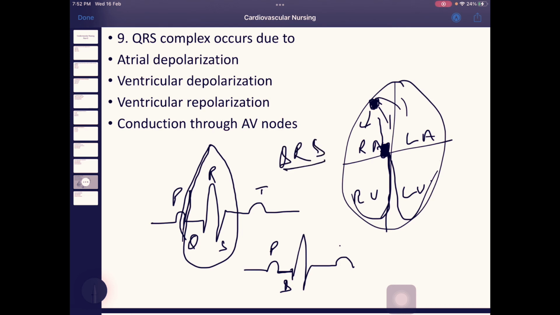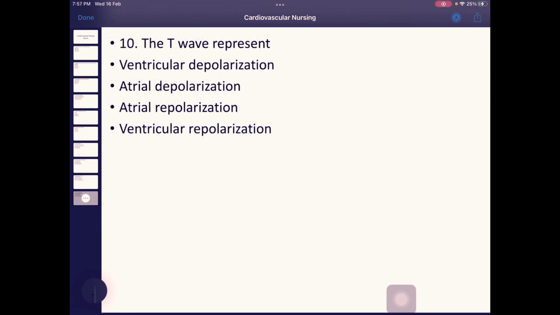So the QRS complex occurs due to ventricular depolarization, and the correct answer is option B. And what does ventricular repolarization mean? It means the relaxation of the ventricles, and during the relaxation of the ventricles the T wave is formed on the ECG paper.